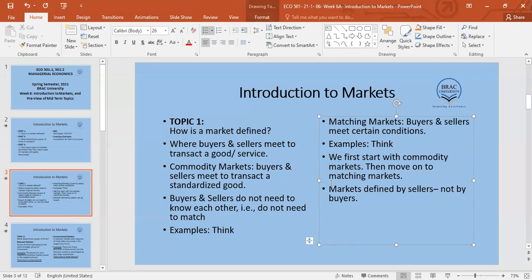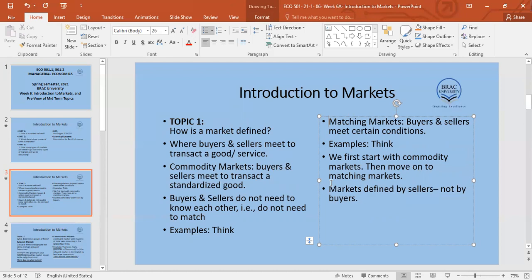Another type of market which we will try to address is when particular attributes or properties of standardized markets or commodity markets fail, and then we encounter what we know as matching markets. Buyers and sellers have to meet certain conditions. For example, if your university is hiring somebody as a faculty or even as a staff, it's not that if I increase the price, I will get a good staff or a good faculty, not necessarily.